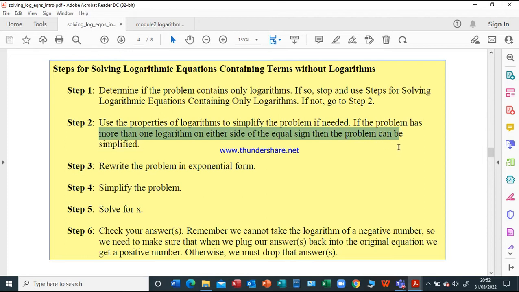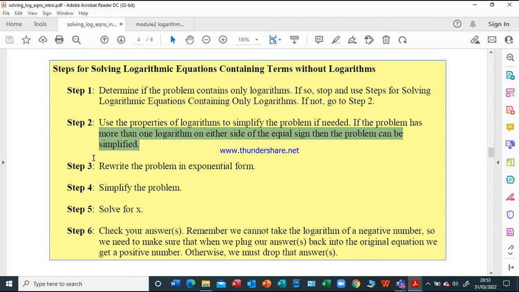Again, you use the process of either addition or subtraction. If it's subtraction, then we are dividing. If you are adding the logarithms, it means you're multiplying the numbers. If there is a power, that means you have to multiply. So we use those rules to simplify the side which has logarithms. Emphasis, it's the side which has logarithms.